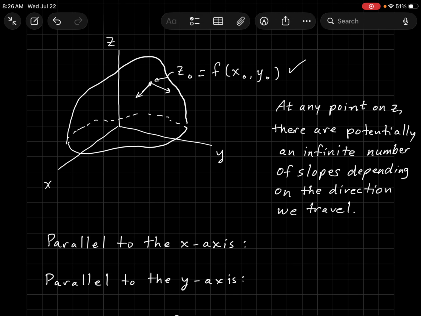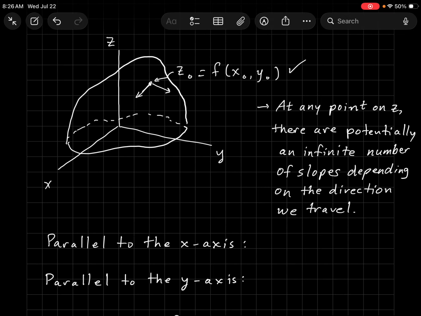And you want to find the slope of the mountain at that point. Well, how can you do that? Especially considering that at any point there are potentially an infinite number of slopes, depending on the direction you look or the direction that you travel.